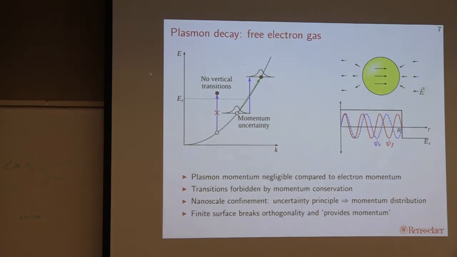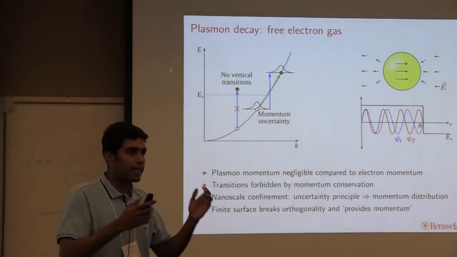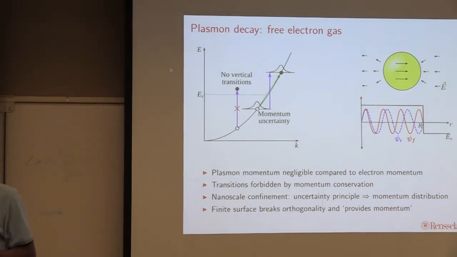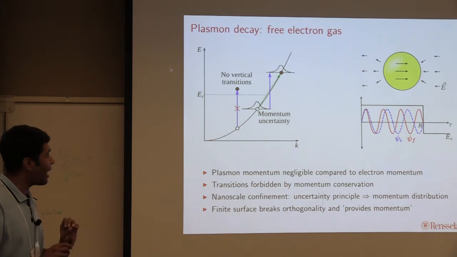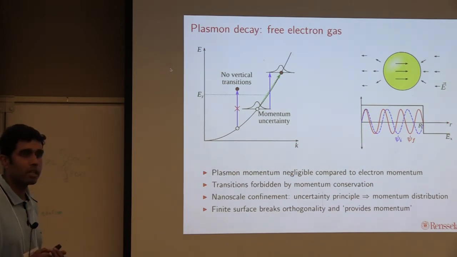Now, if you were in a nanoscale system instead, not in a bulk material, then effectively you are confining the electrons to some length scale, say on the order of 10 nanometers. So now momentum is no longer a good quantum number, right? Momentum ultimately comes from translational invariance. Once you've broken the translational invariance, it's no longer a good quantum number. With a very hand-wavy argument, I can say the momentum is no longer a precise value, but distributed based on the uncertainty principle.